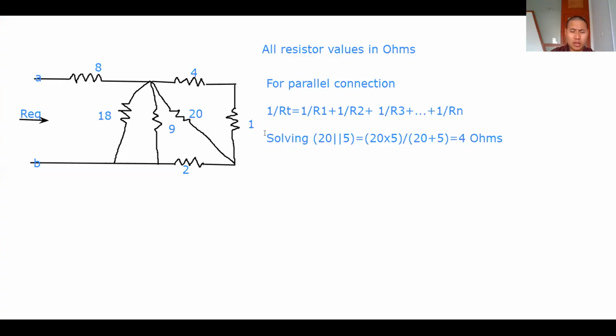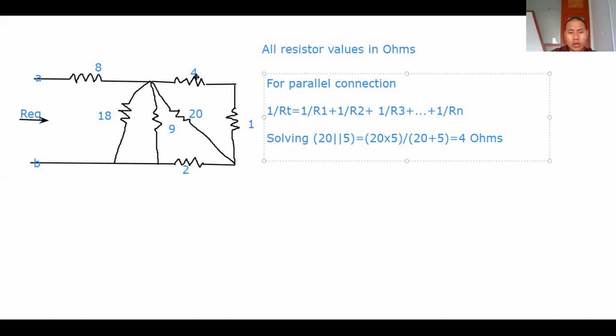We solve this, and the 20 ohms which is connected in parallel with the 5 ohms, we got 4 ohms. We had two resistors connected in parallel. We solve this using this formula: 1 by RT is equal to 1 by R1 plus 1 by R2 plus so on.